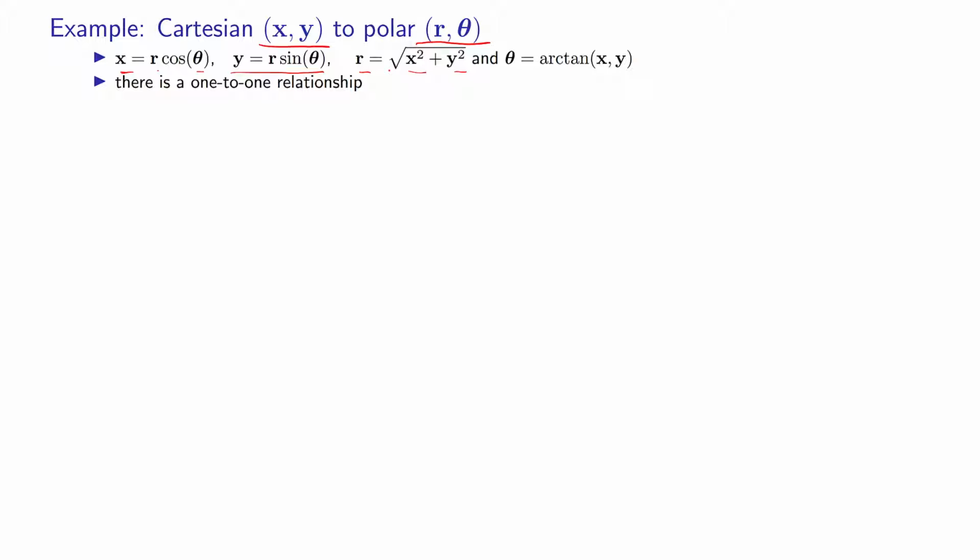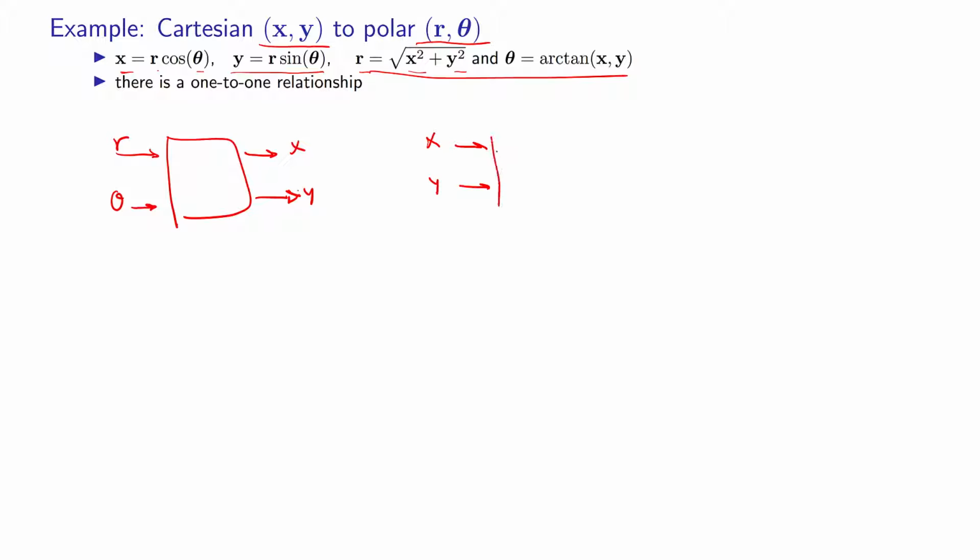So in the first one, you have r and theta, two random variables, and then you have two output random variables x and y. Or in the second transformation, you have x and y, and you can uniquely calculate r and theta.